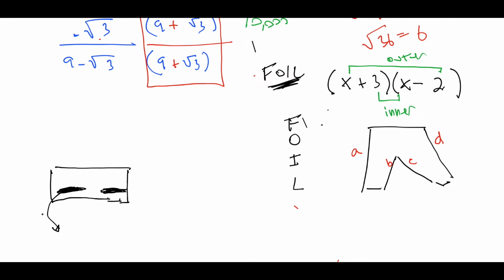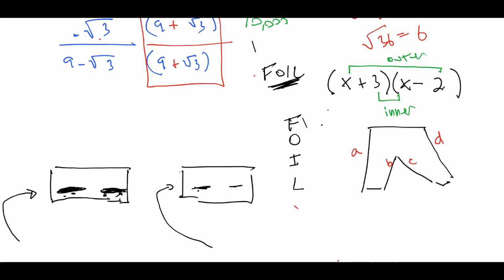Oh yeah. Okay, so let's think of it as the only way into this garage is this way. And these are two cars. And the only way into this garage is this way. And these are two cars.